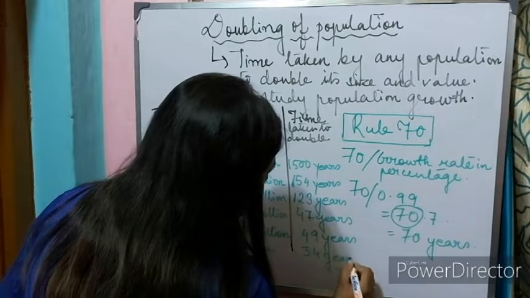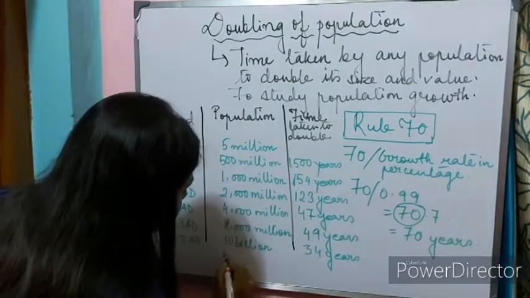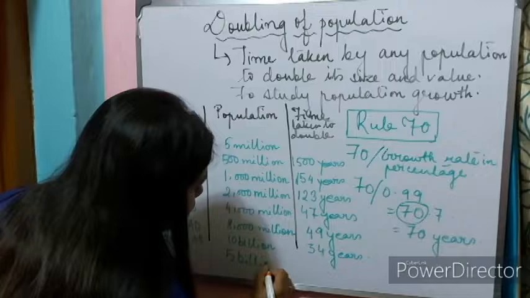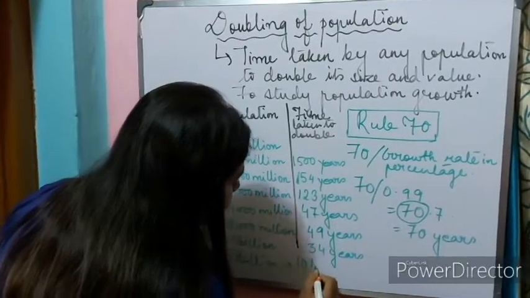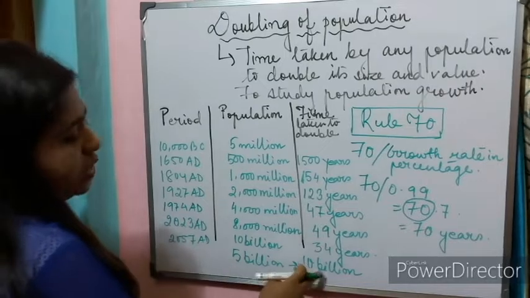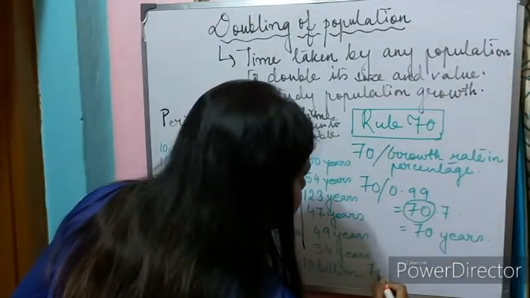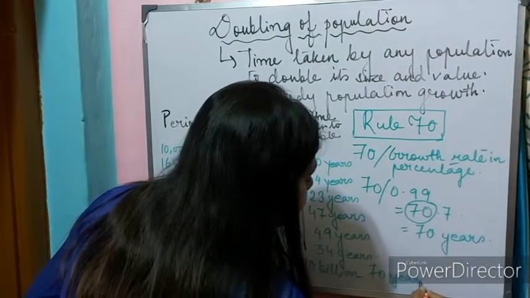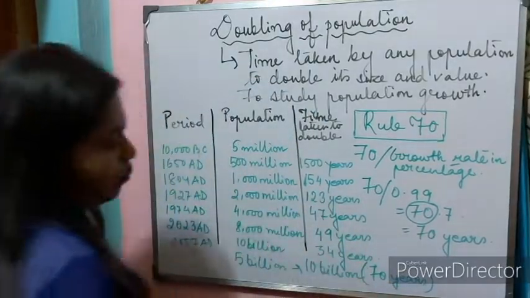That means it took only 70 years to double from 5 billion to 10 billion.